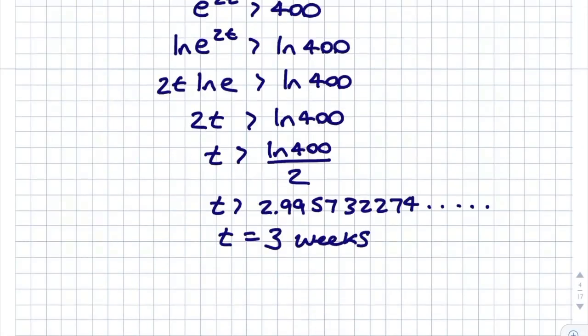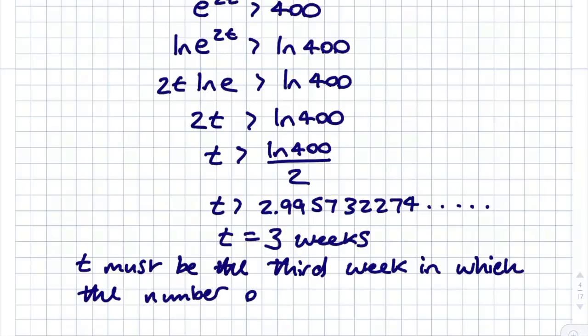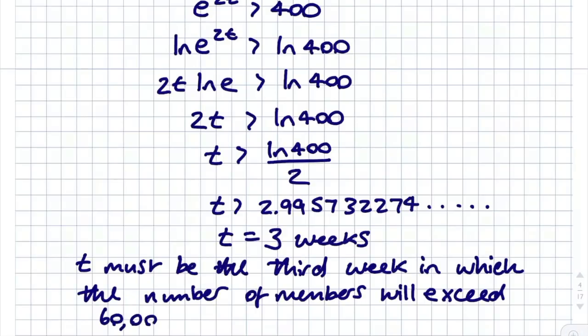If we were going to summarize this, we could say t must be the third week in which the number of members will exceed 60,000.